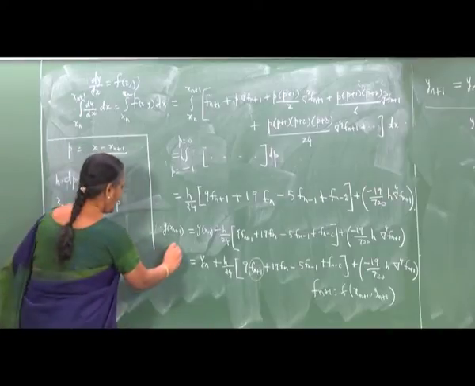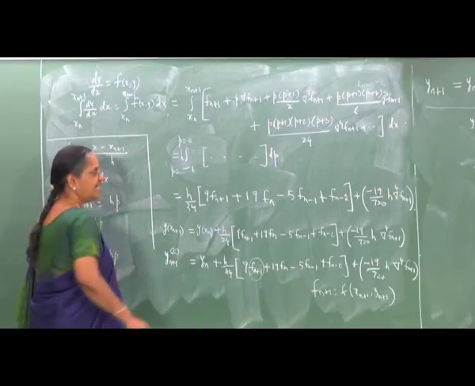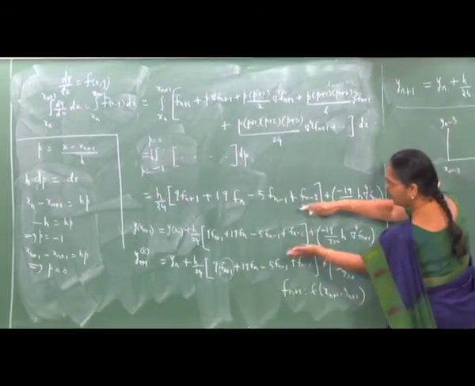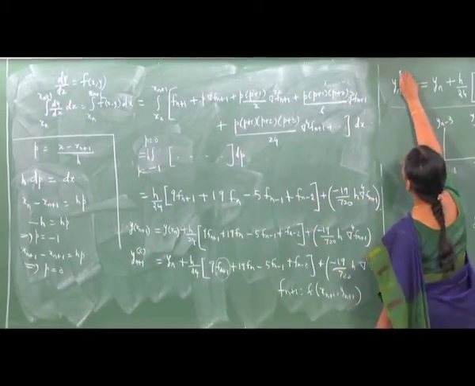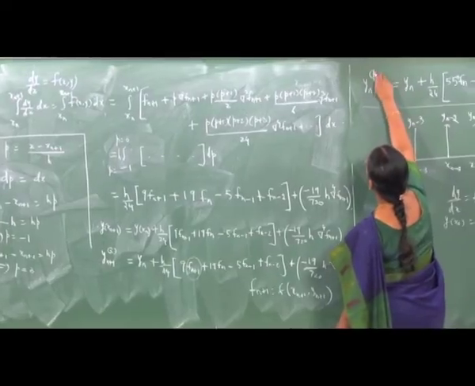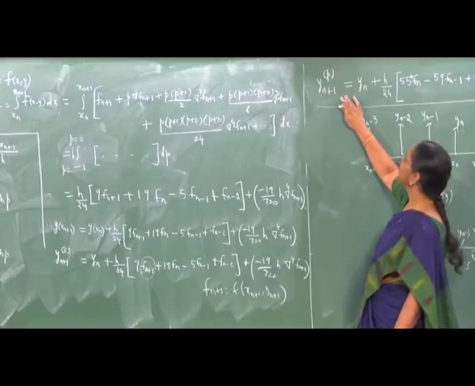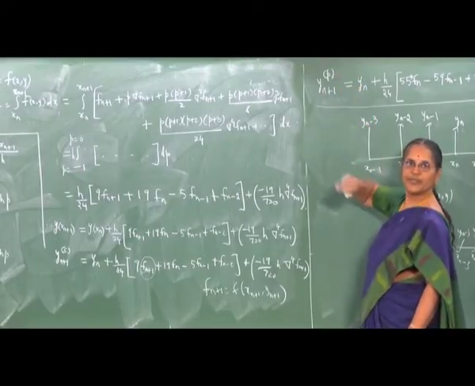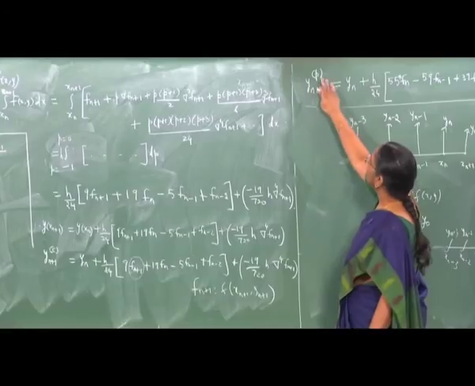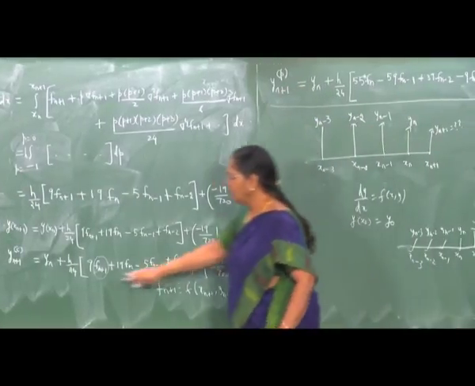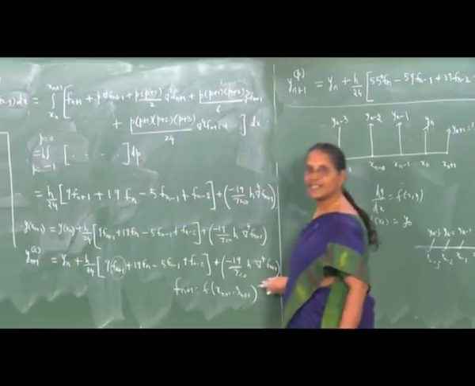So, we say that we have corrected the value of yn plus 1 by the new method that we have derived, and this was done by using the yn plus 1 obtained by the earlier method as a predicted value. So, I call this as a predictor and the method that we have obtained now as a corrector.